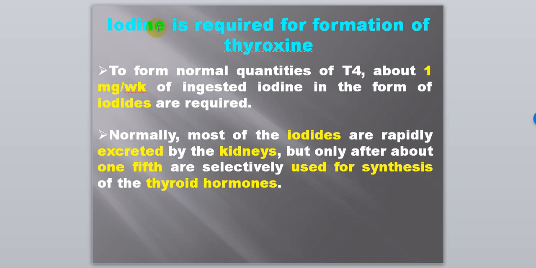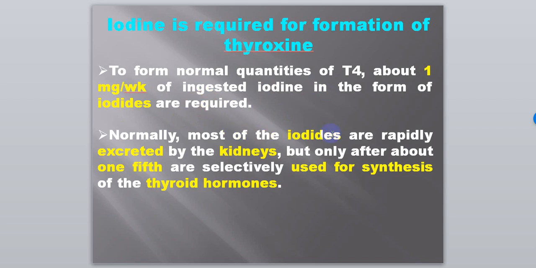Iodide is a very important material to form thyroid hormones. So from where can we get iodine? We can get it from food. To form normal quantities of T4, we need 1 milligram per week of ingested iodide, not in the form of iodine, but in the form of iodides required for synthesis of thyroid hormones.